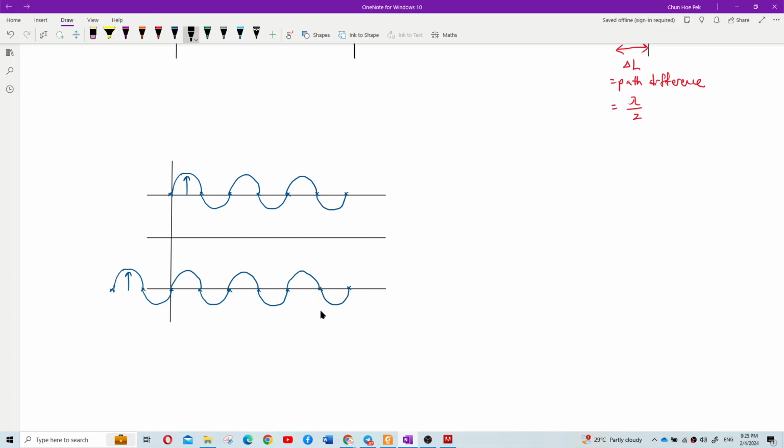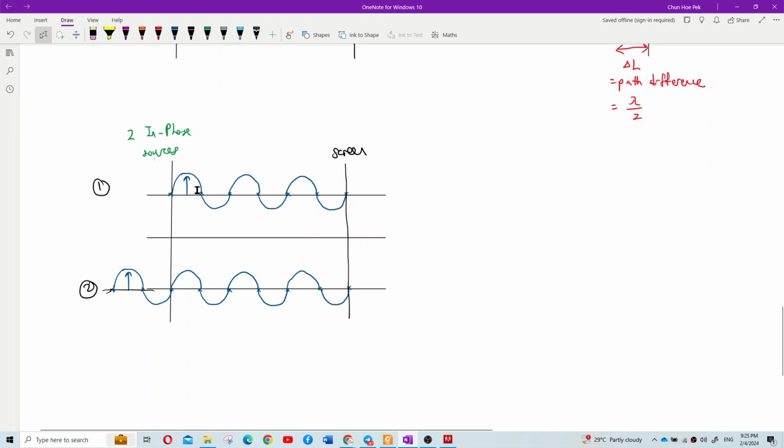This is the screen. This is wave 1, this is wave 2. This is still considered two in phase sources. That means they start with a wave going up.